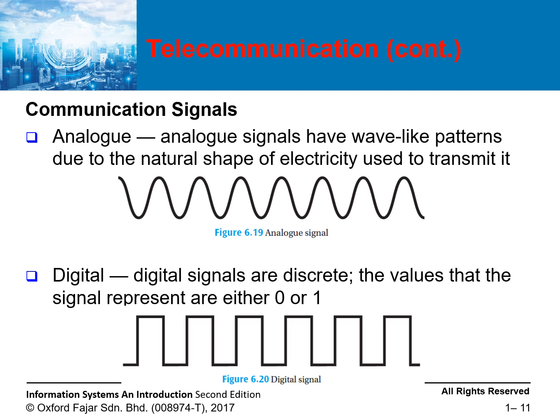So analog signal has wave-like patterns due to the natural shape of electricity used to transmit it. So for this analog signal, it has a wave like this one. This is the pattern of the analog signal.